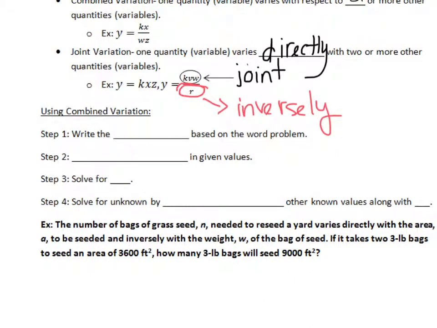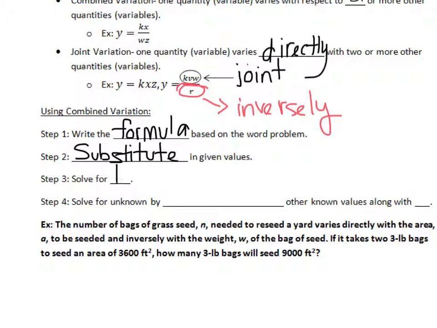So using a combined variation, we're going to write the formula, whether you're multiplying or dividing, based on the word problem. And again, we're looking for words like joint and inversely. We're then going to substitute in given values.